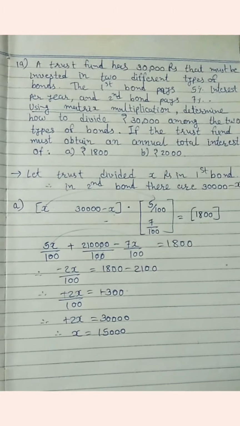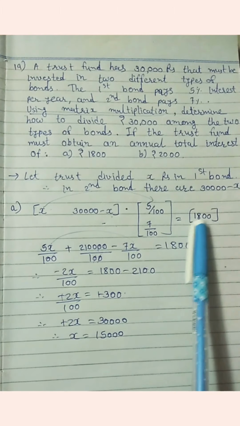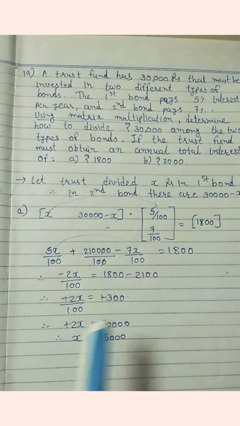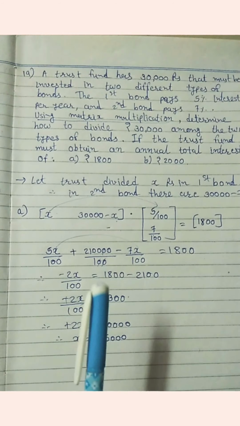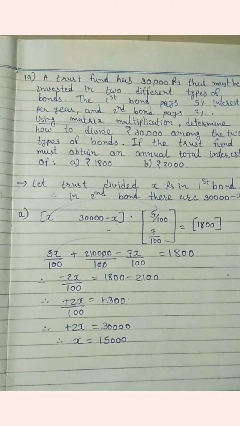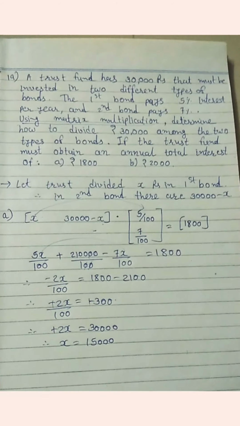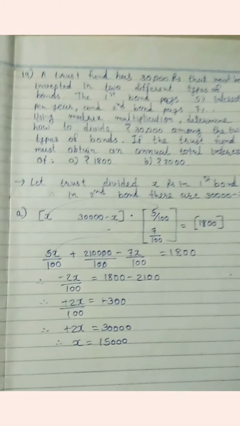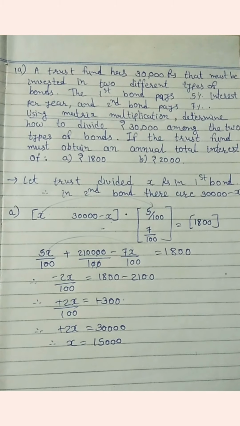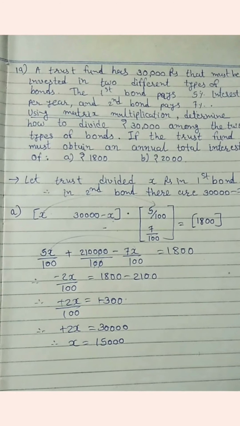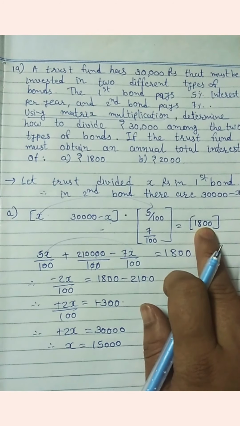Okay, so if I want interest 1800, I have to invest 15,000 in first and 15,000 in second. Obviously 30,000 minus 15, that is 15,000. So if I am investing same rupees in both funds, then I will get the interest 1800.